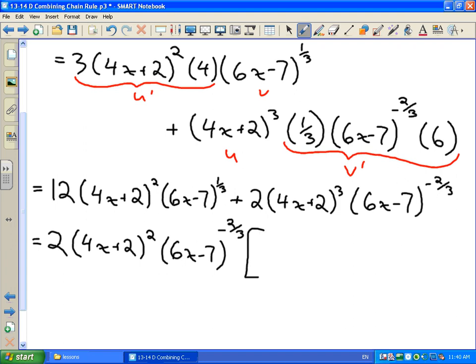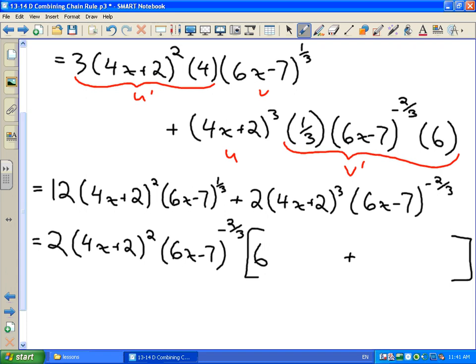What am I going to have left after I do that factoring? Well, I'm going to have two terms separated by a plus sign. Let's just go through it term by term here. I've factored out the 2 from the 12, so that's going to leave me with a 6. I've taken out (4x plus 2) squared, so I don't have any of that left.